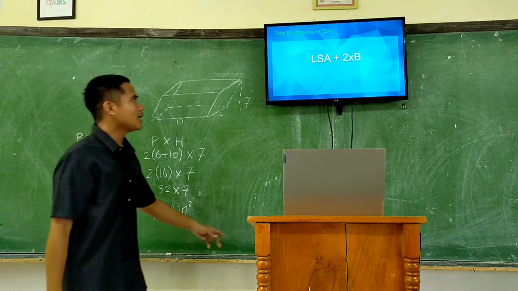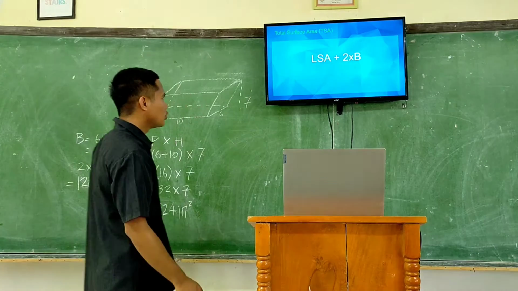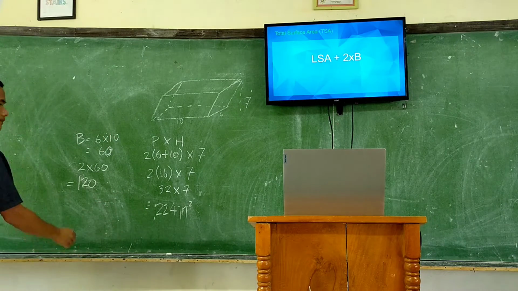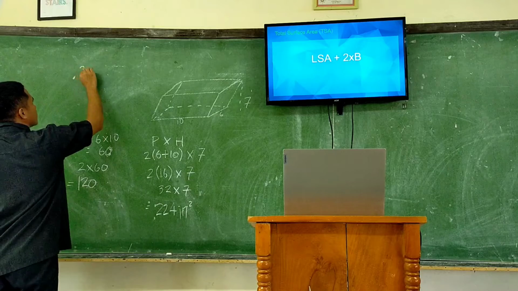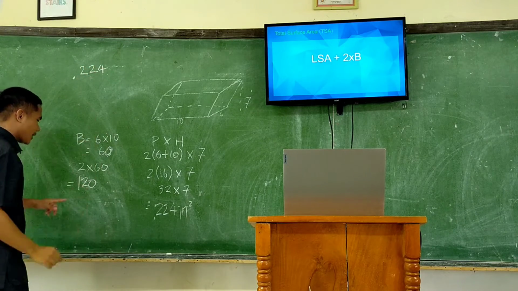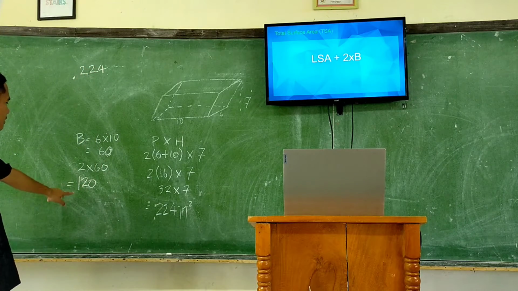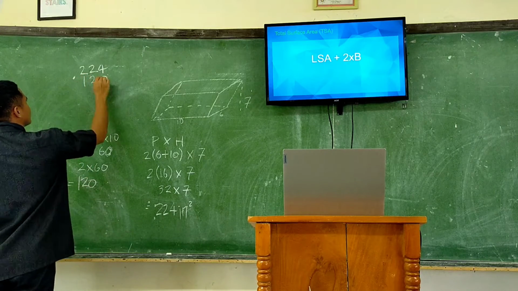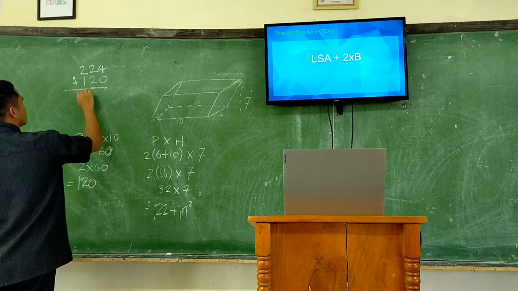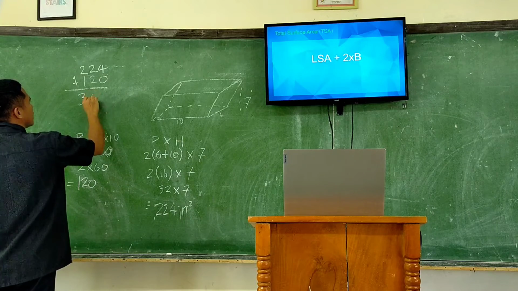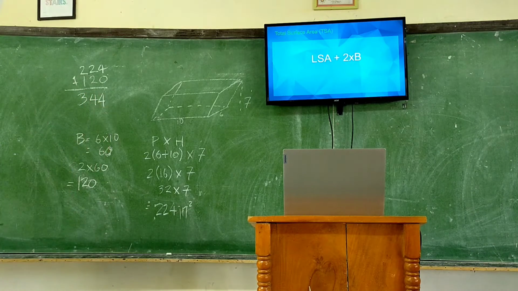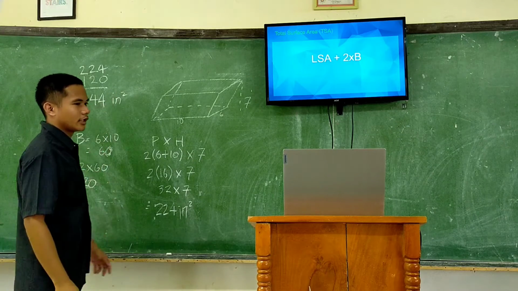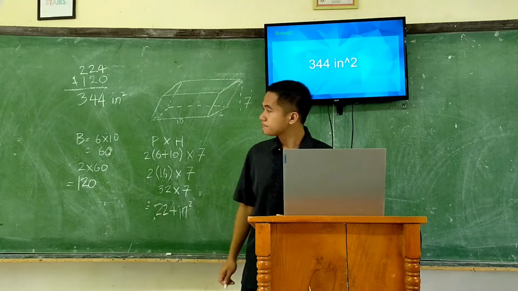Then next, sabi niya, LSA plus 2 times B. So, yung LSA natin, which is 224 plus ang ating base area multiplied by 2, which is 120. Ang sagot, 344. Yan. So, ganun lang siya kadali.